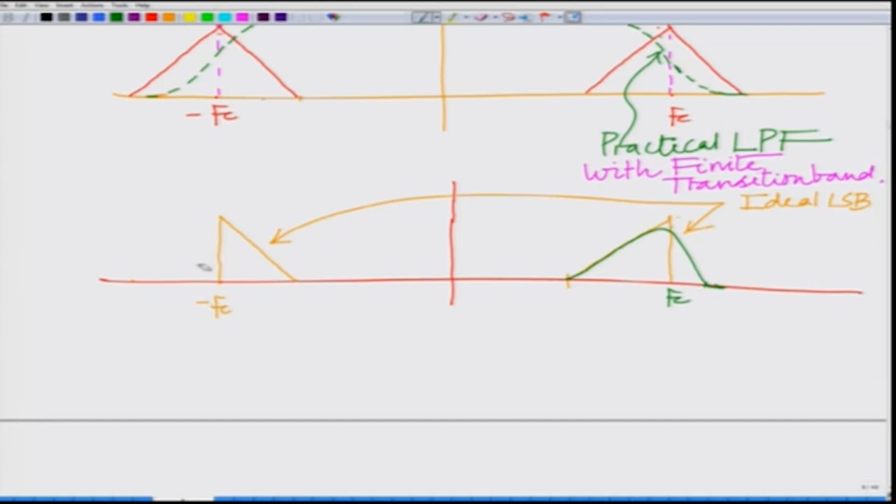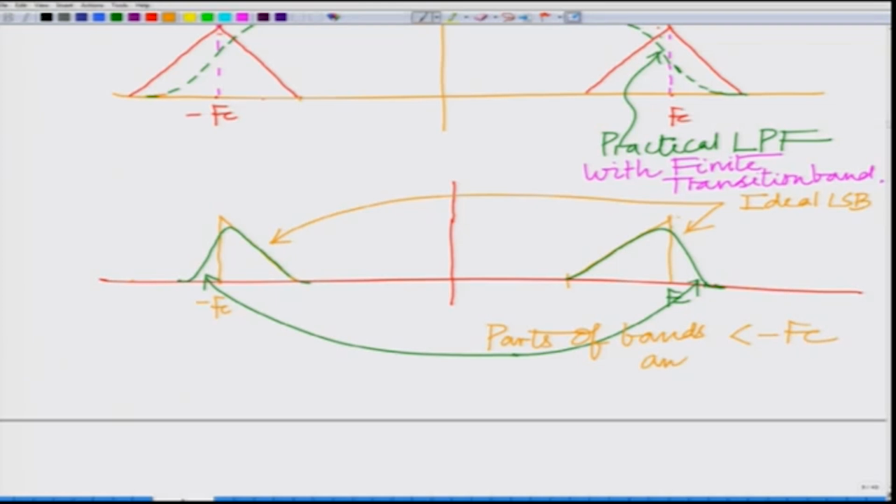Some characteristic that looks like this, where there is some part of the band less than minus Fc, and parts of bands greater than Fc.